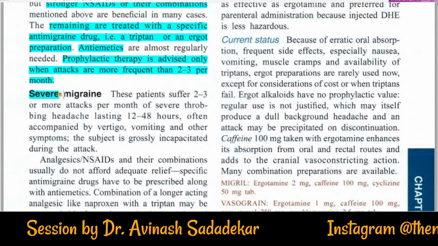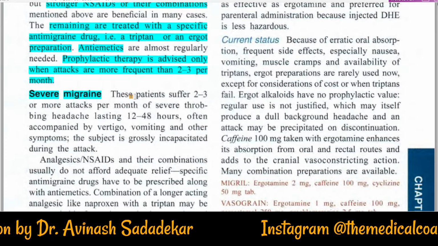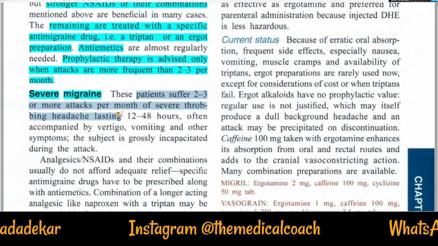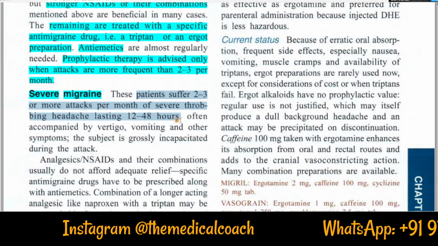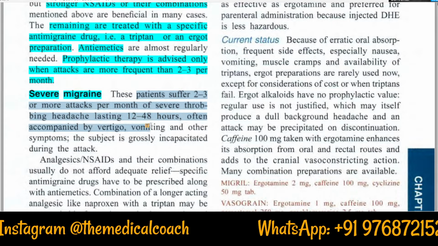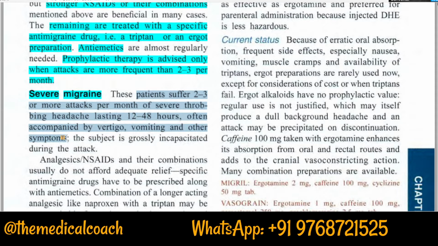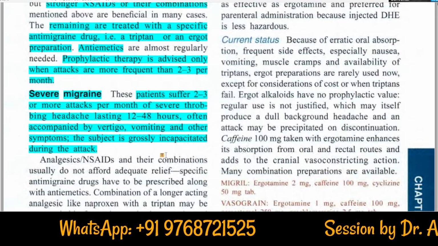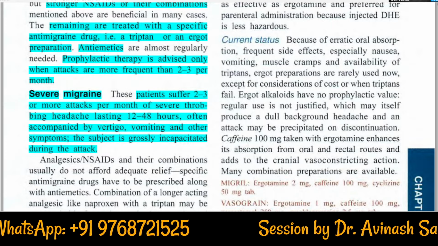A severe migraine is a patient who suffers more than 2 or 3 attacks per month. Severe throbbing headache, 12 to 48 hours of headaches. There's vertigo, vomiting, many other symptoms, and the patient can't even get up from the bed. He's grossly incapacitated. Getting it? Simple.